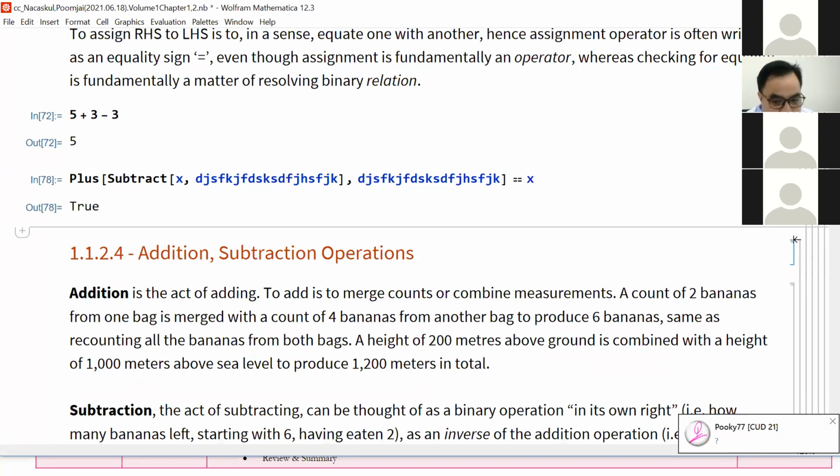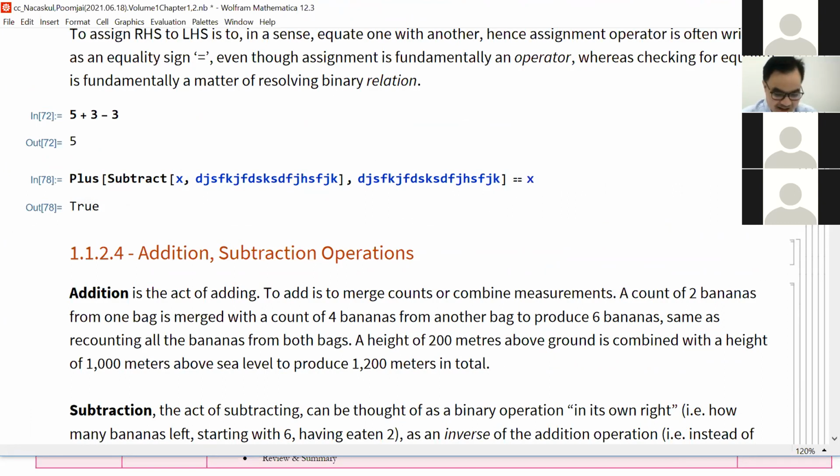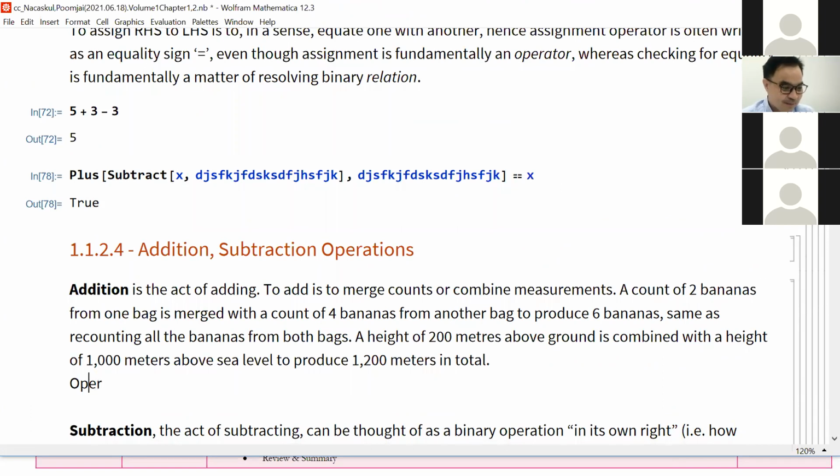Are there operations, not in mathematics, in life, where you have inverse but not symmetric? Okay, let me do this. One operation, operation one.